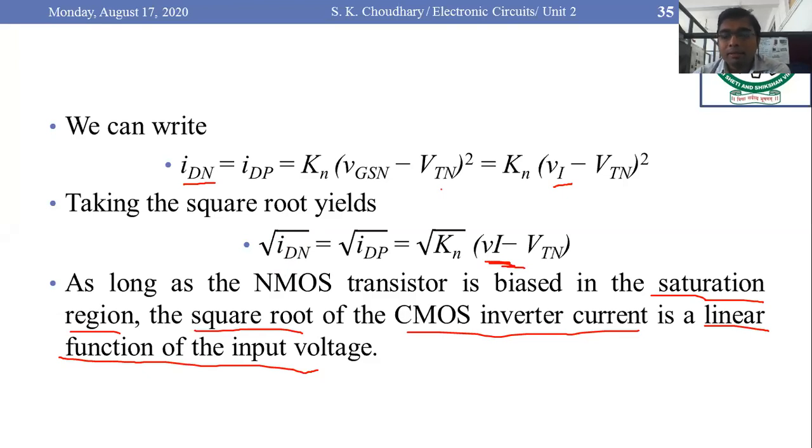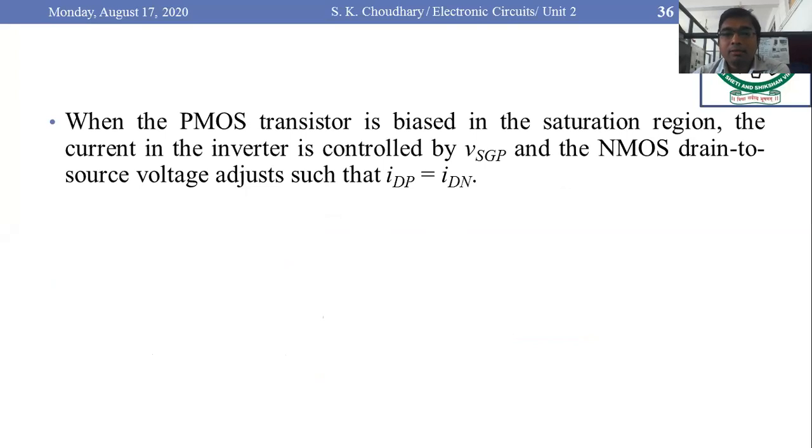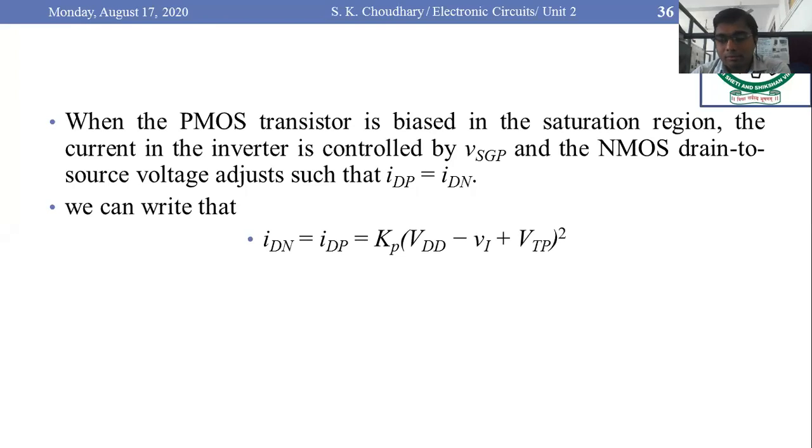Similarly, we can define the PMOS current. So when the PMOS transistor is in the saturation region, means B and C region, the current in the inverter is controlled by source to gate voltage of PMOS and NMOS drain to source voltage, and it would adjust itself in such a way that IDP is equal to IDN.